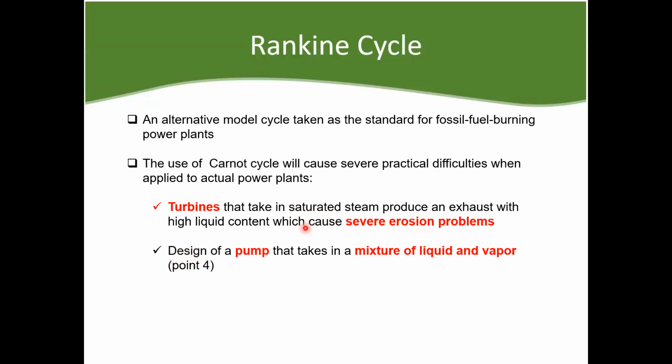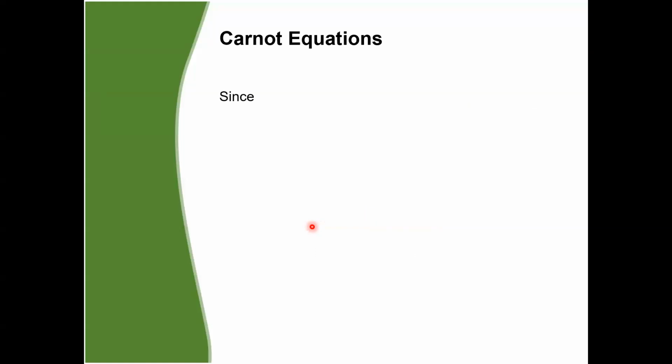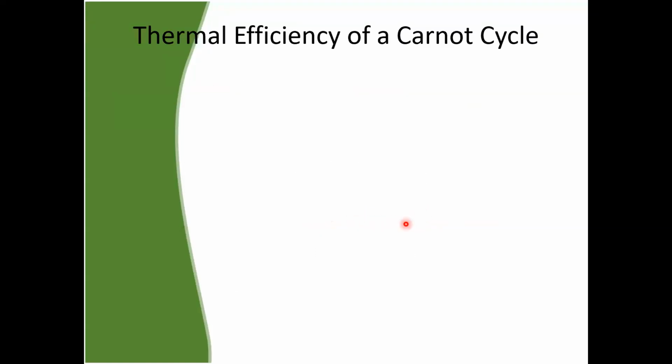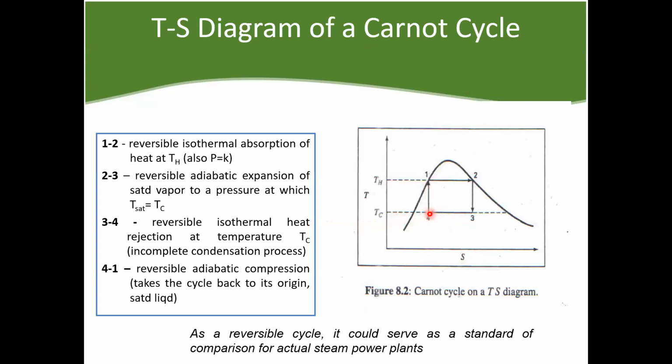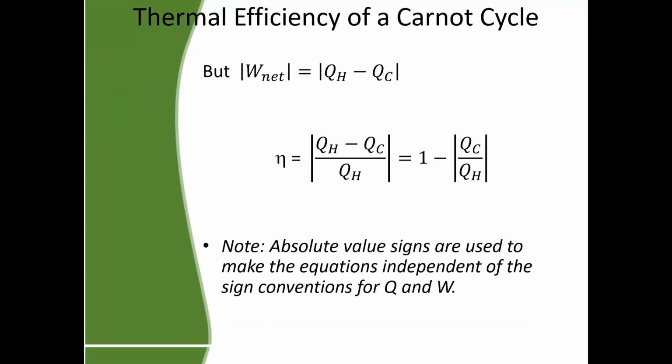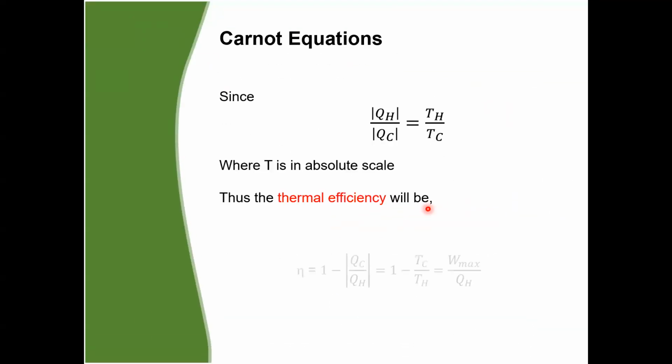Next is a design of a pump that takes in a mixture of liquid and vapor. Remember in our Carnot cycle, the pump begins here. The pump is here, and there's no pump that can take a mixture of liquid and vapor. That would be very difficult to design.